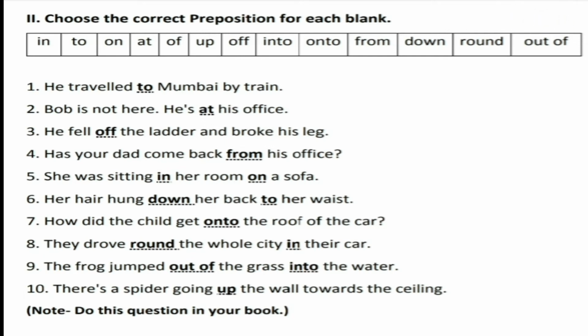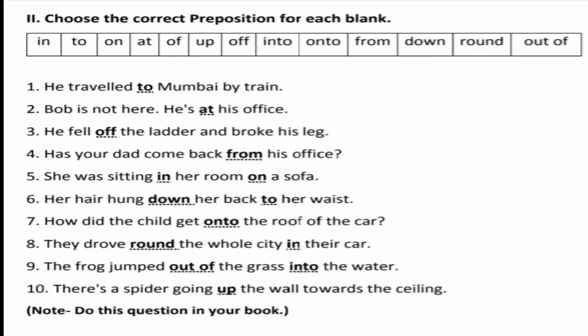Third, he fell dash the ladder and broke his leg, and the answer is off. Next, has your dad come back dash his office? and the correct answer is from because it indicates one place to another place. Fifth, she was sitting dash her room dash a sofa. In first blank we use in because in is used for the things at rest and on is also used for the things at rest.